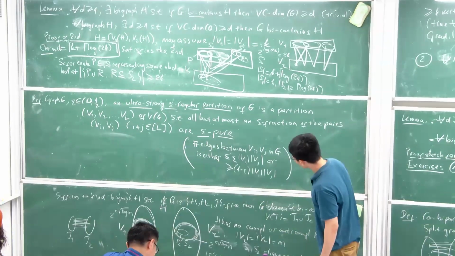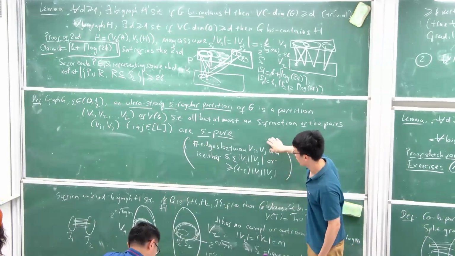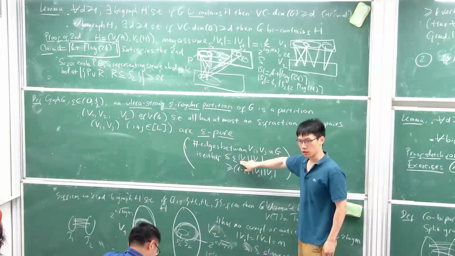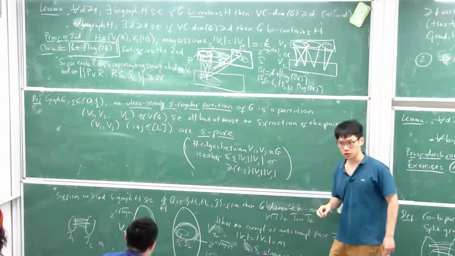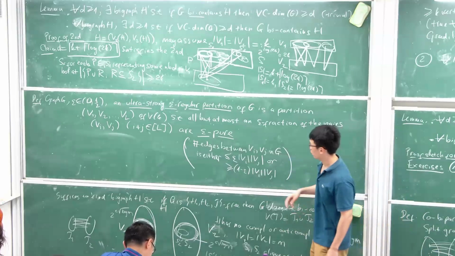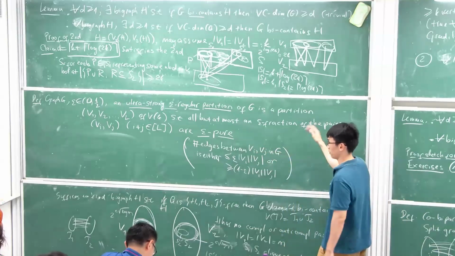So in other words, the density between BI and BJ is either at most epsilon or at least 1 minus epsilon. And this is true for all but an epsilon fraction of pairs.